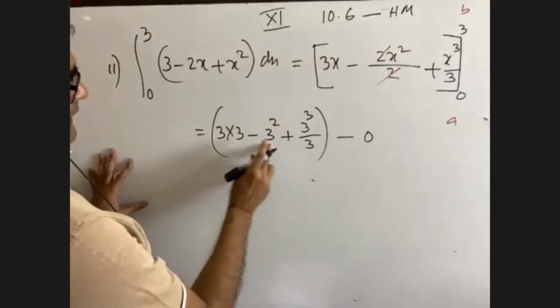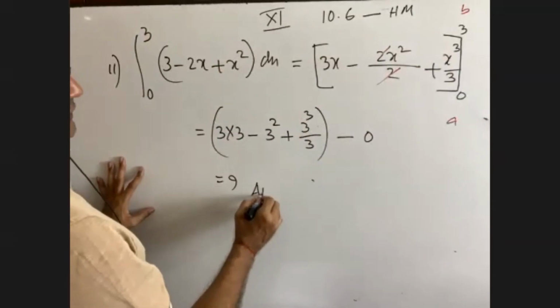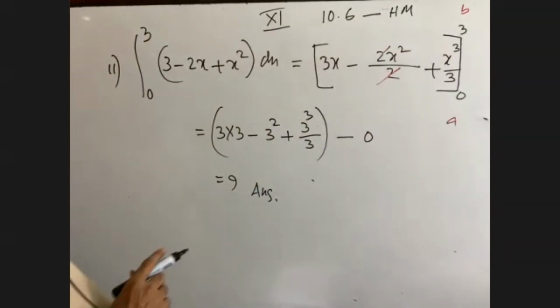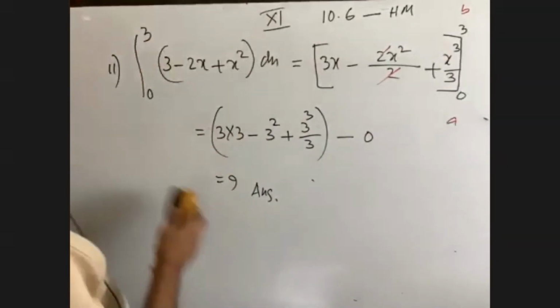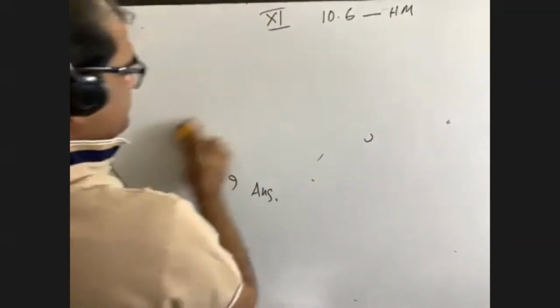This is 9 minus 9, 0. We are left with only 9, and it is our answer. It's really very, very easy. Are you getting it? Yes, sir. Okay.